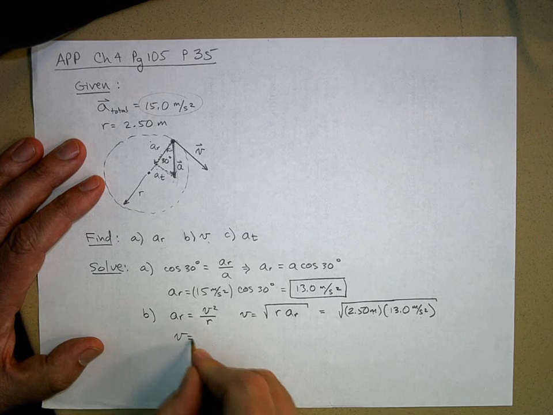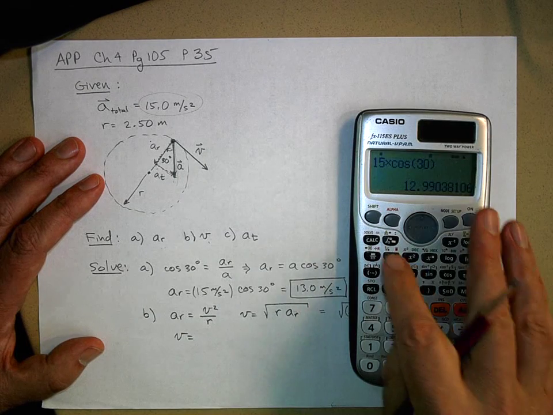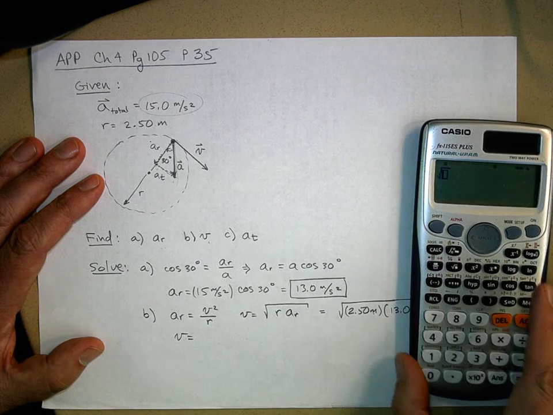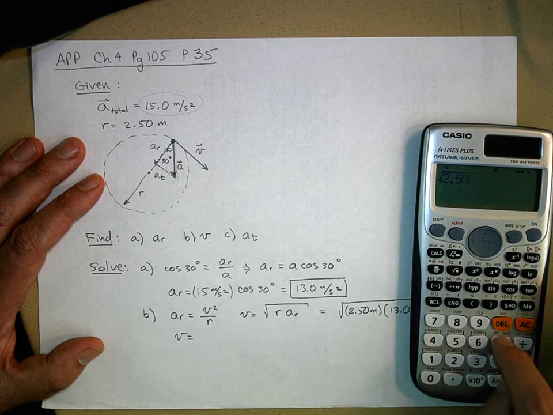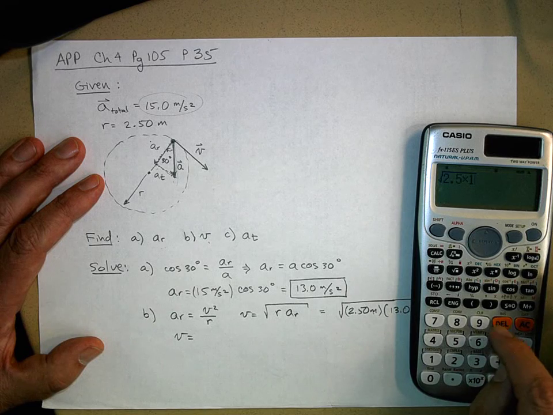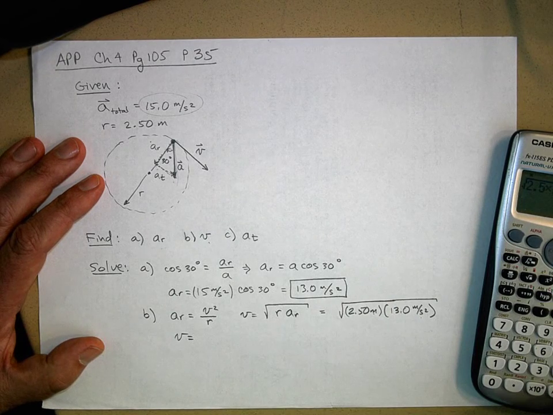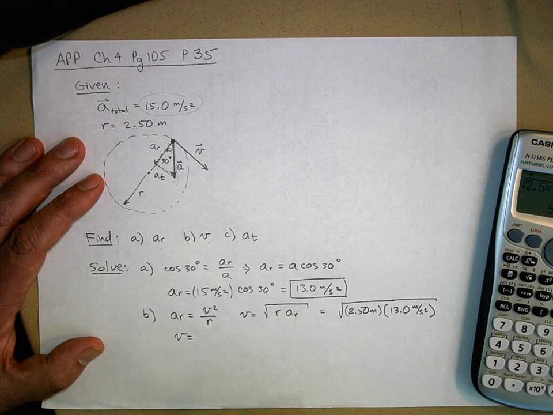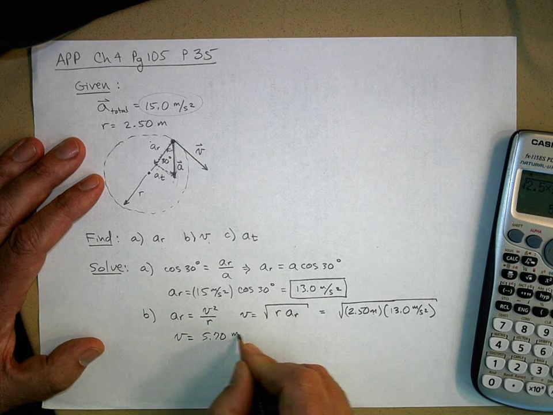And so v is equal to the square root of 2.5 times 13, and that should be equal to 5.70 meters per second.